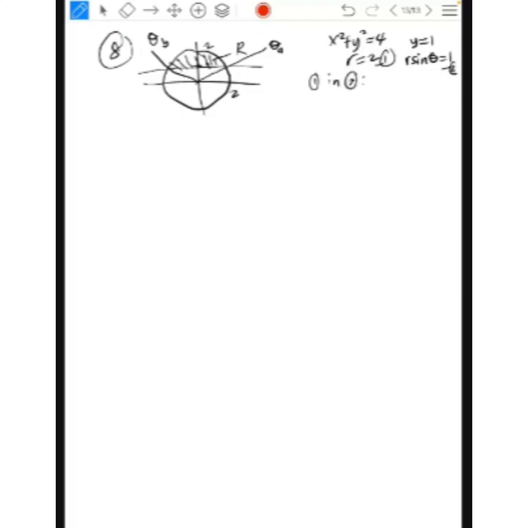So maksudnya dia akan dapat 2 sin theta equals 1, or sin theta equals 1 over 2, or theta equals sine inverse of 1 over 2. So tekanlah calculator. Make sure your calculator is in terms of radian. Do not use degree. Everything must be in radian.